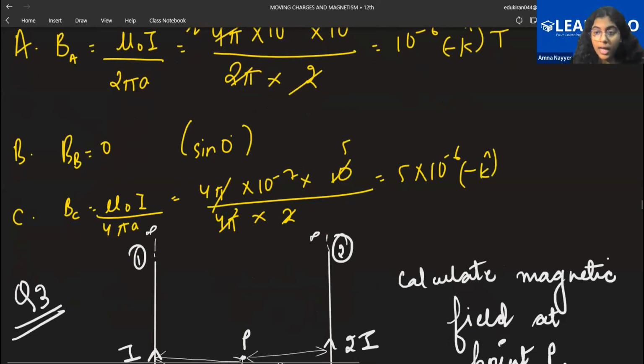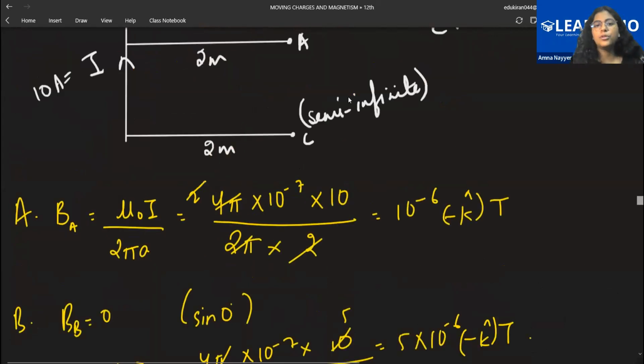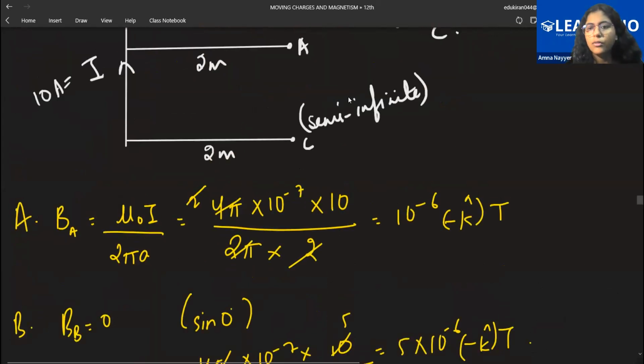Tell me all of you now, this entire portion of the wire, is it clear to all of you? At least give a thumbs up in the chat column, or write yes, no, clear. Any doubts? Clear, ma'am.